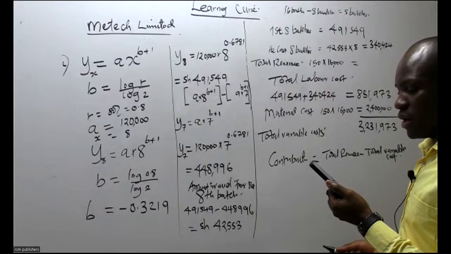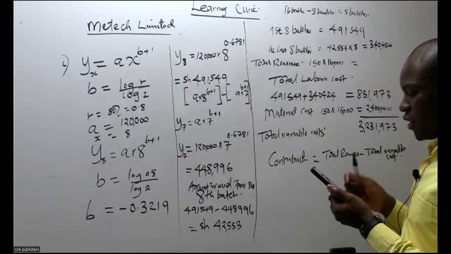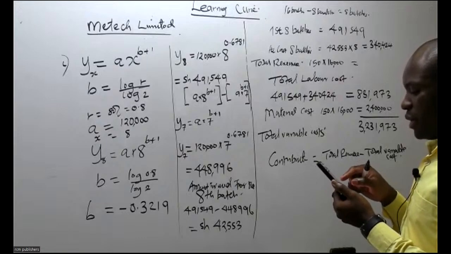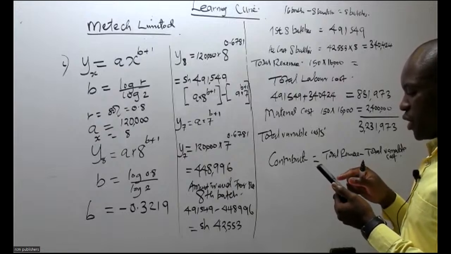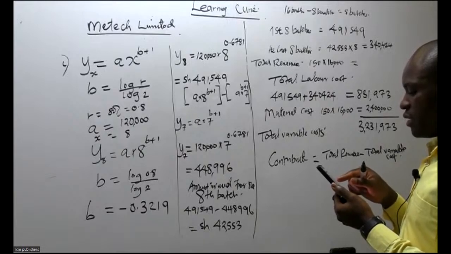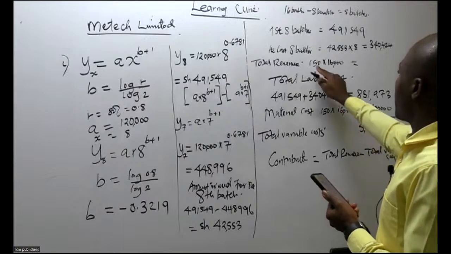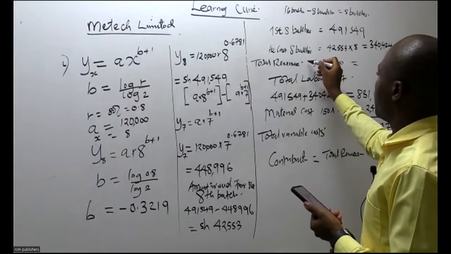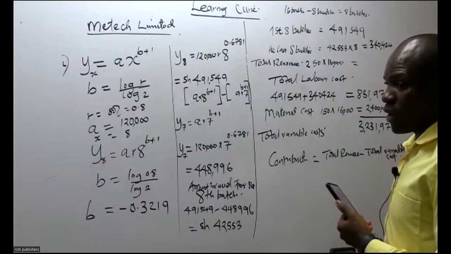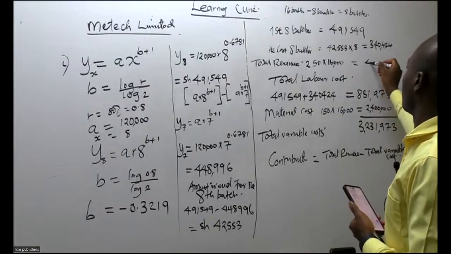Or is it not even additional information? The first paragraph, Medtech Limited is in the process of developing a new product branded Valida. During its expected life, it is estimated that 16,000 units will be sold at a price of shillings 250,000. The selling price is 250,000. So how much do we have? 4 million.